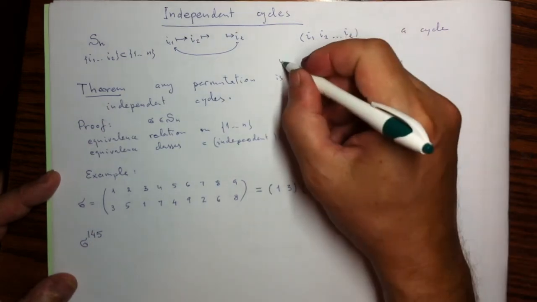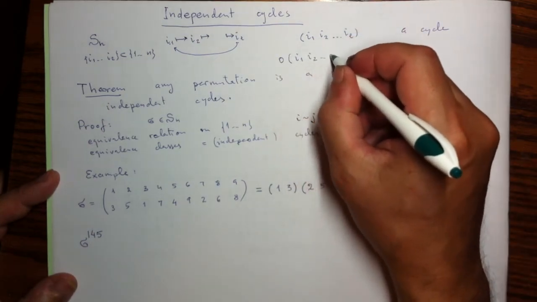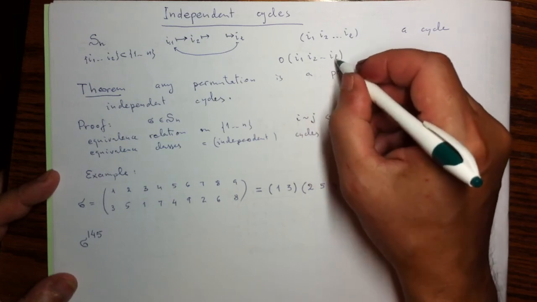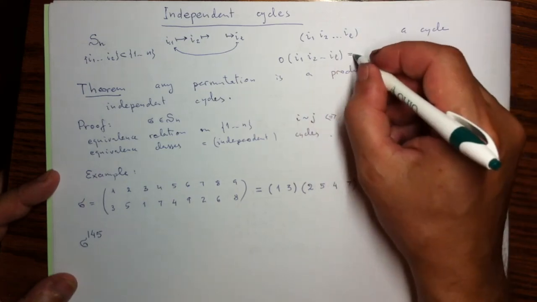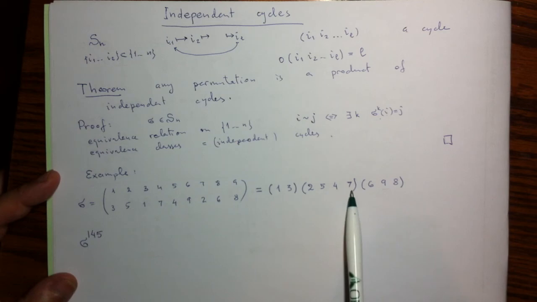So the order of any cycle, doesn't matter what is in it, as long as the length is L, the order will be L. So the order of this transposition is 2, iterated twice is the identity. The order of this 4 cycle is 4, and the order of this 3 cycle is 3.